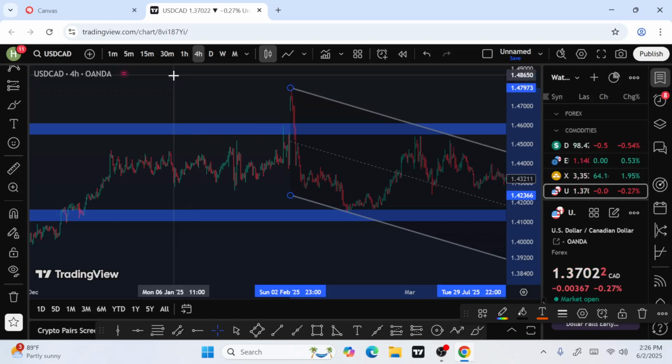I told you that whenever you get a confirmation of a candlestick pattern, you need to wait after the candlestick pattern has formed. Do you get it now? After it has formed, you will now come down to 15 minutes time frame to get an entry.